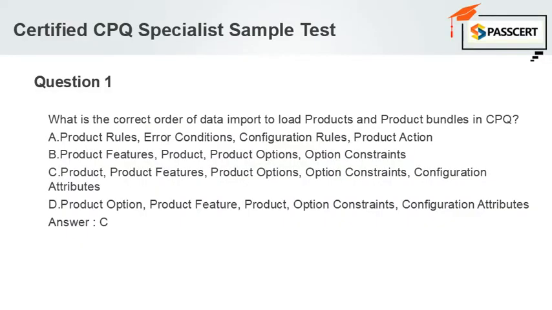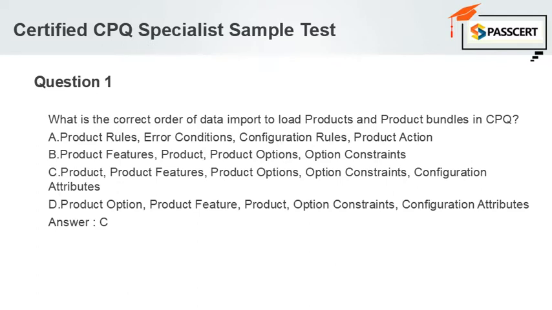Question 1. What is the correct order of data import to load products and product bundles in CPQ? A. Product rules, error conditions, configuration rules, product action. B. Product features, product options, option constraints.